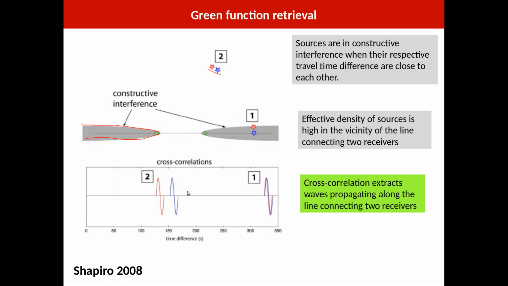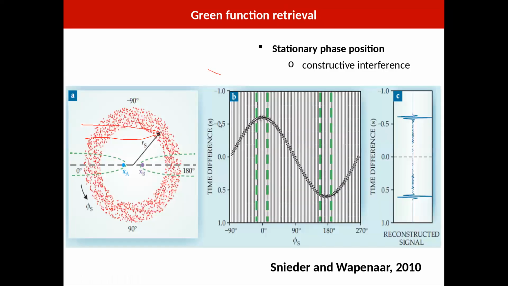Okay, and this is a good image. So all these noise sources will cancel out, and the signal will only come from the sources that are in this region behind the two stations.